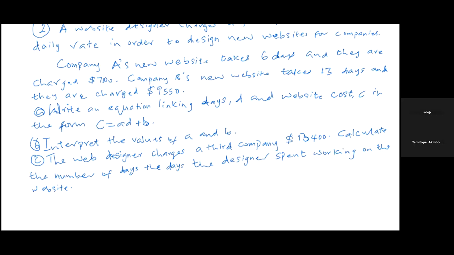We have to find the gradient. So how do we go about that? We take days for B minus days for A over cost of B minus cost of A, which will give us the gradient.